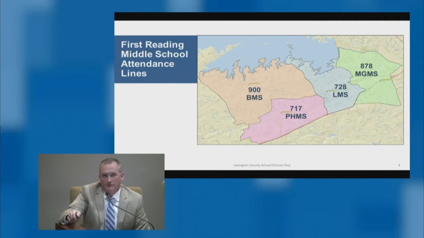And so to the left would be Lexington High School, and then to the right would be River Bluff High School. And so this zoning scenario created true feeder patterns so that all of the students from Lexington Middle School would feed River Bluff, all the students from Meta Glen as well. And then all the Pleasant Hill and all of the Beechwood students would feed Lexington High School.